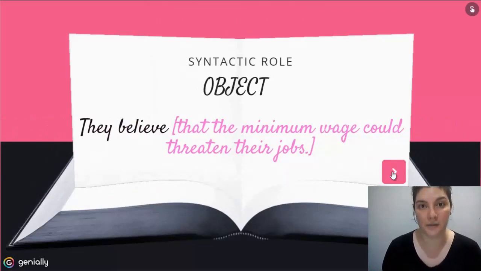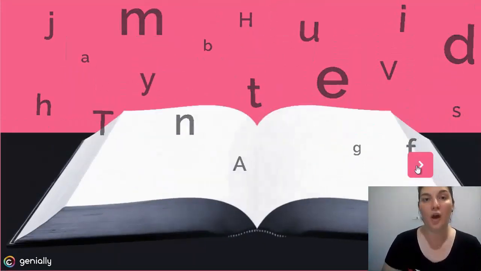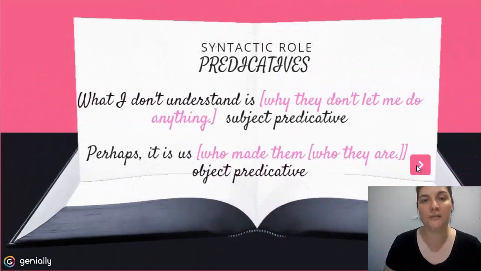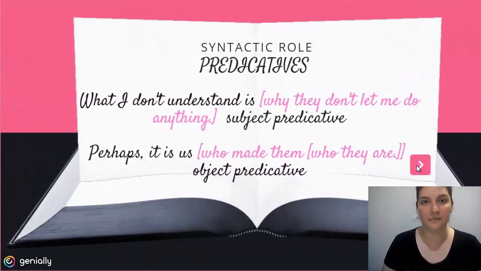That's the direct object. Predicatives are also complement clauses, and they can be classified in subject predicative and object predicative. In the following examples, we can see finite WH complement clauses being a predicative either for a subject or for an object. In the former, we can see a WH complement clause being a subject predicative because it's placed after the copular verb be.